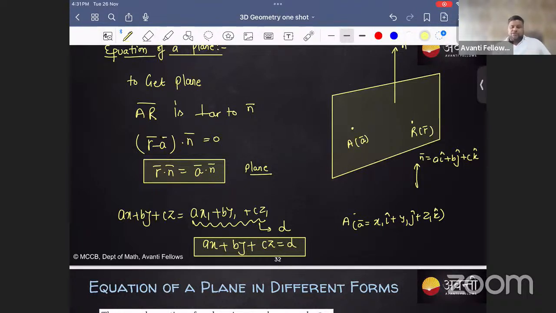So this is the equation of plane whose normal you are aware of. That means the coefficient of x is a, coefficient of y is b, coefficient of z is c. The coefficients of x, y, z are the direction ratios of the normal of the plane. Am I clear?